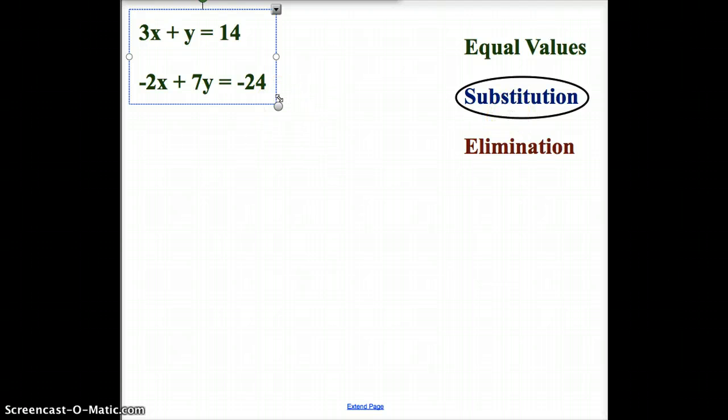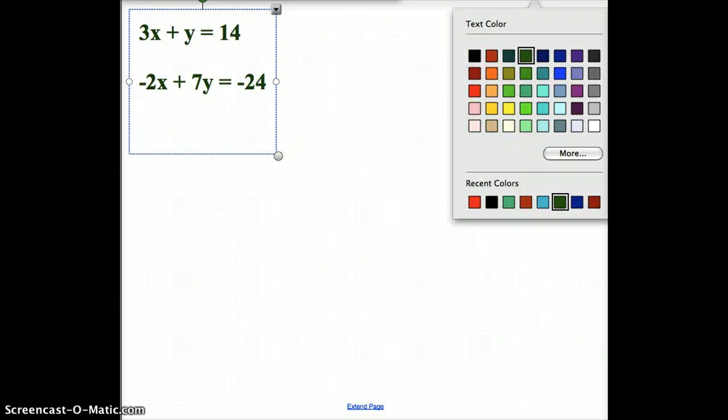Well, if you do the substitution method, you've got to take that top equation and rewrite it as y equals negative 3x plus 14. You might have noticed I just subtracted 3x from both sides.